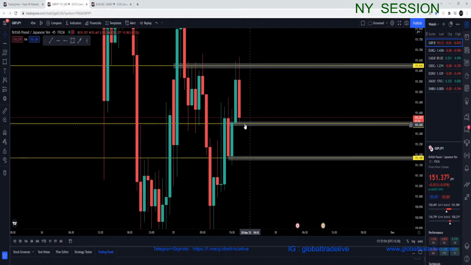Okay, so this is 45-minute candle, and this 45-minute candle, let's see.